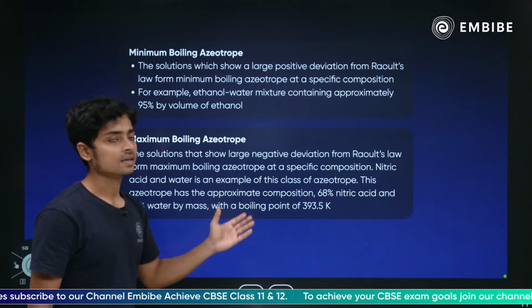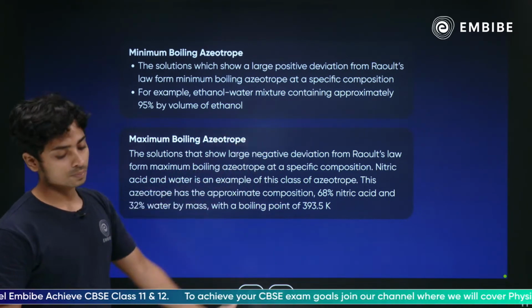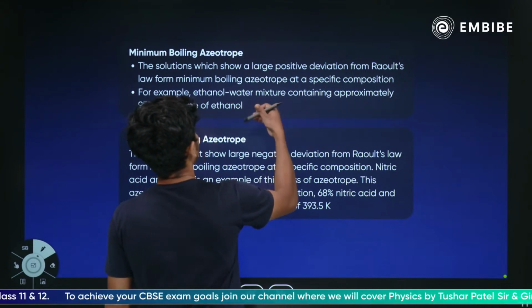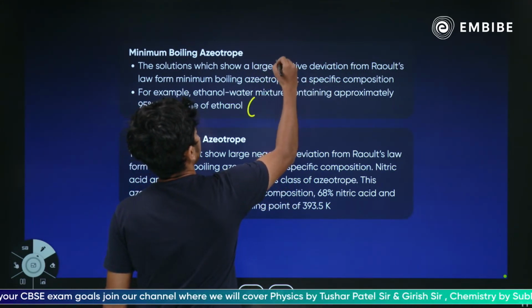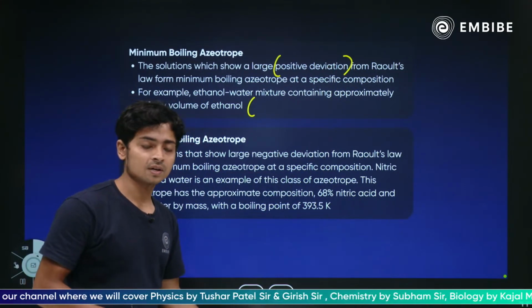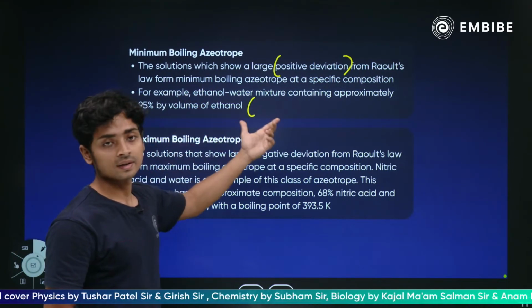And the same for maximum boiling azeotrope. Minimum boiling azeotropes are solutions which show positive deviation. At a particular composition they will show this property, they will become a minimum boiling azeotrope.